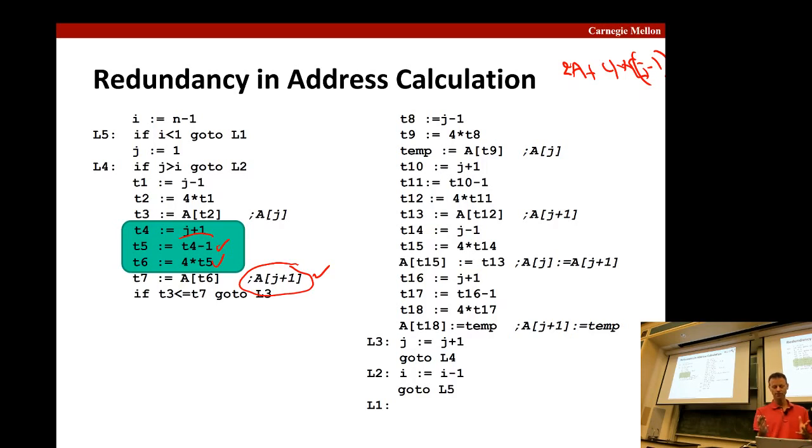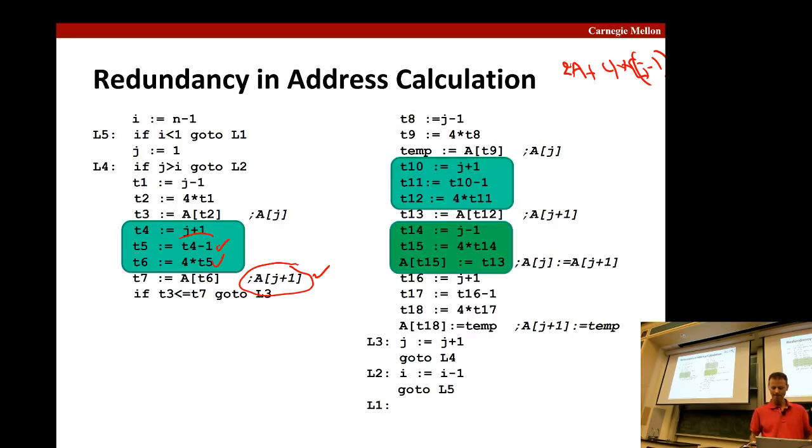So this is the initial code, but then the first thing the compiler realizes now is that, okay, I've taken something, I've added 1, and then immediately subtracted 1. Okay, so that's kind of redundant. And similarly here, we've added 1 and subtracted 1. Okay, so here we've basically recomputed an address that we already have in some sense because we've already had to compute both these values.